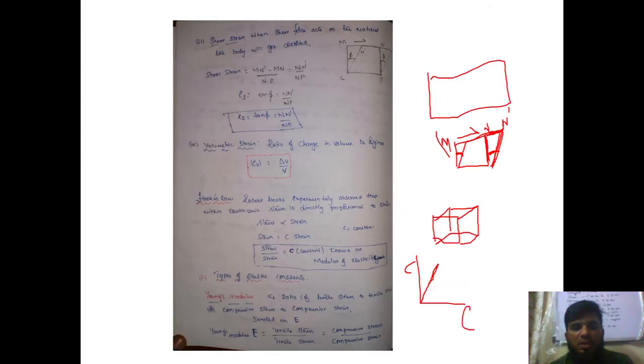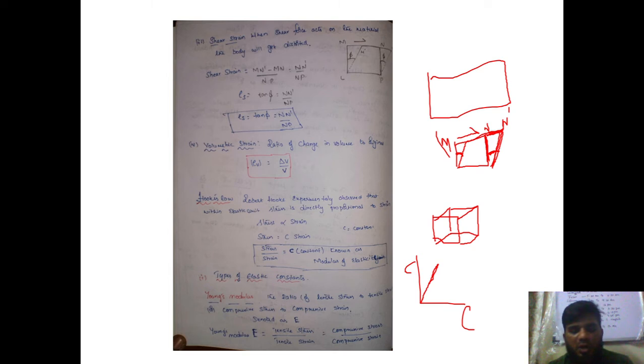Next is modulus of rigidity. The modulus of rigidity is generally denoted by C or G, some authors use it as a C, some authors use it as a G. Now the ratio of shear stress to shear strain is called the modulus of rigidity. I can say it in this way also for memorizing purposes.